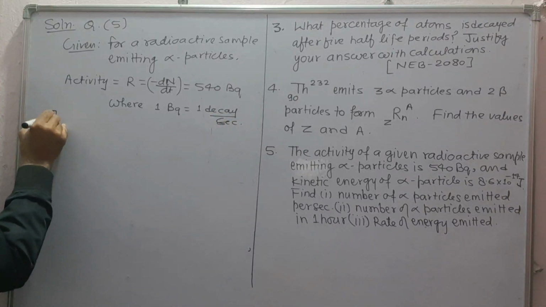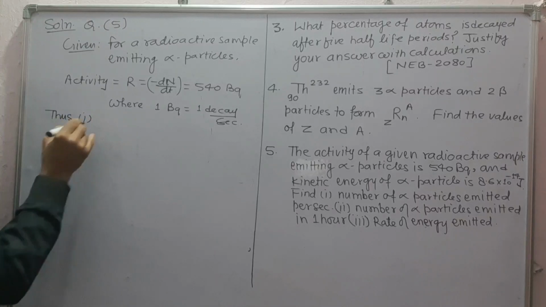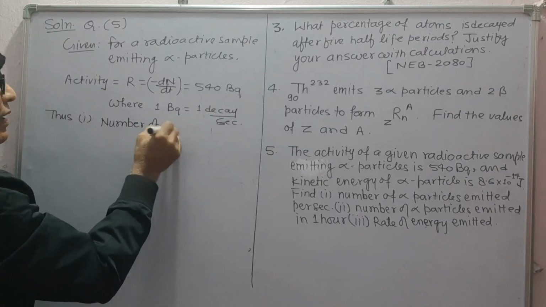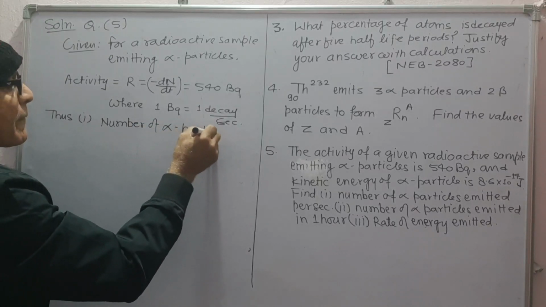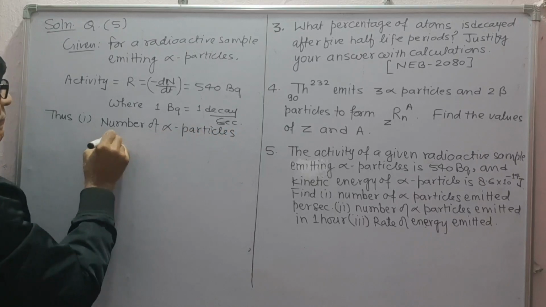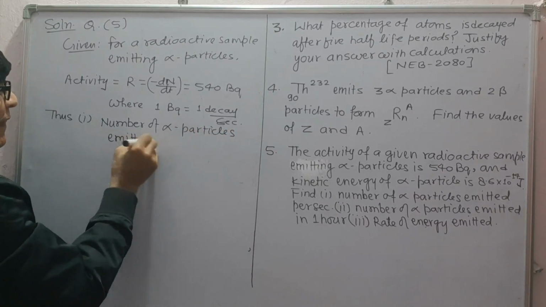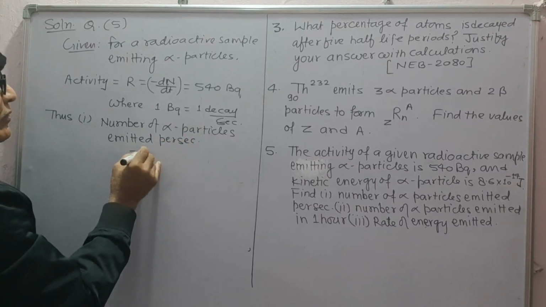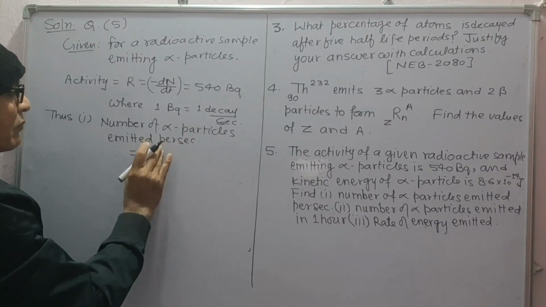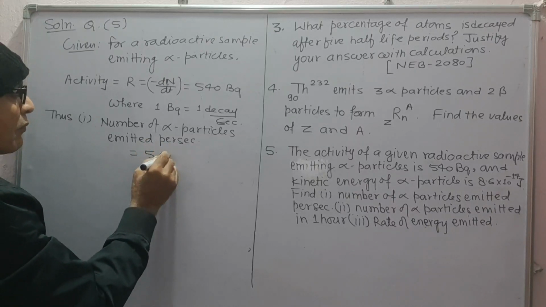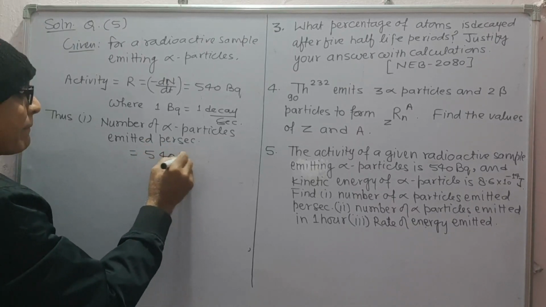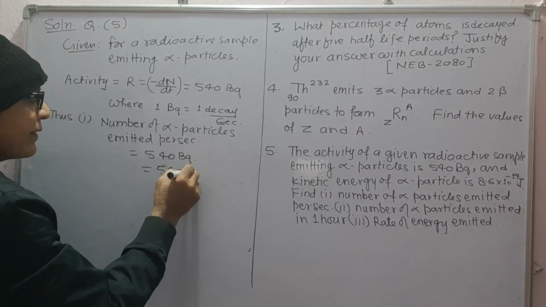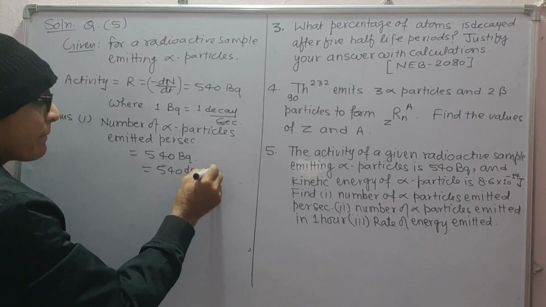Thus, number of alpha particles emitted per second will be equal to 540 Bq, means 540 decays per second.